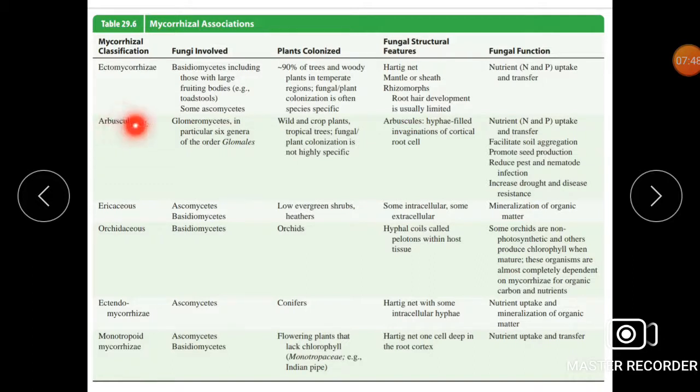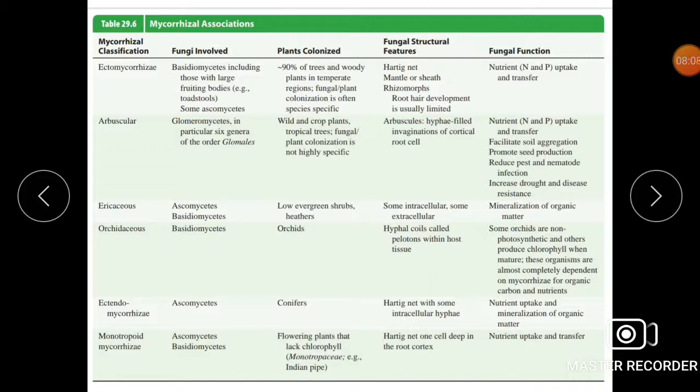The second one is arbuscular. The fungi involved are glomeromycetes, in particular 6 genera of the order Glomales, and the plants colonized are wild and crop plants and tropical trees.